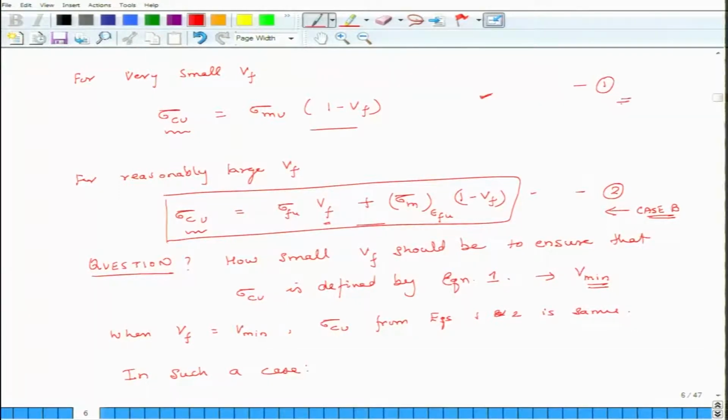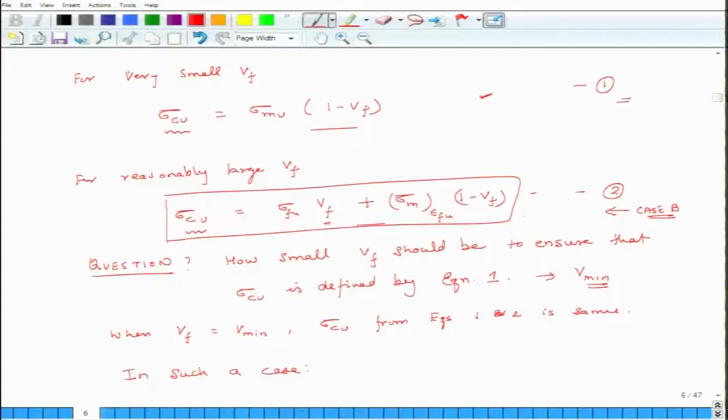There could be a situation when the volume fraction is more than V min but still very small, let us say 3 or 4%. Typically V min is about 1%, sometimes even 0.1%. So, in that case we have to use this relation to predict the strength of the composite.